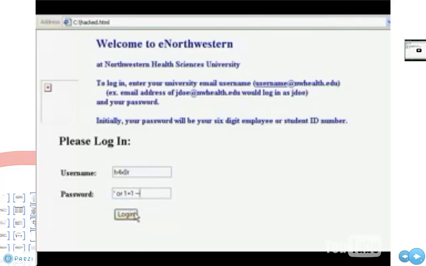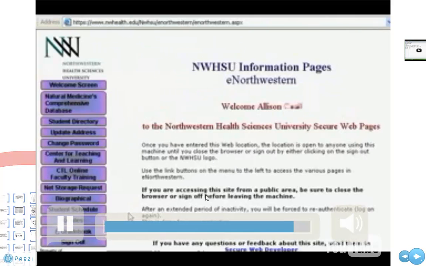I have now disabled all authentication, and by logging in, it comes back with the first record in the database, which is Allison. The hyphen hyphen is needed because hyphen hyphen is a comment in SQL.